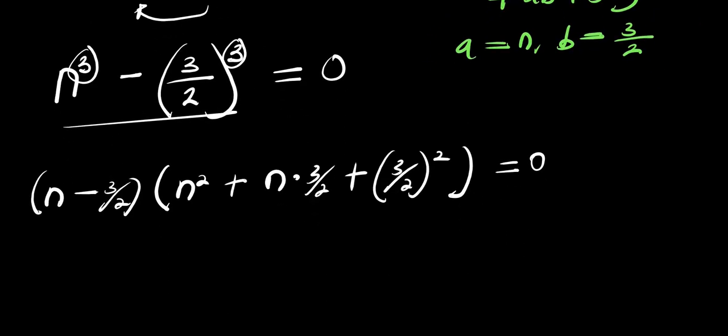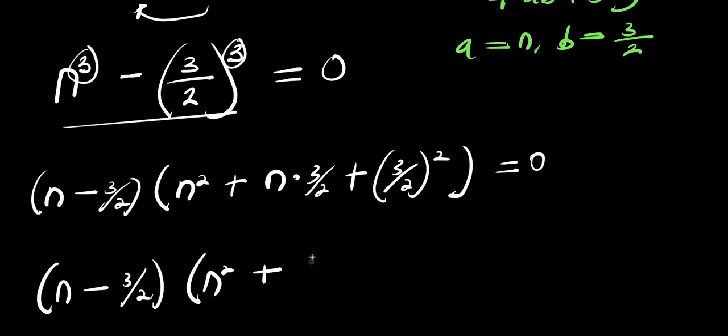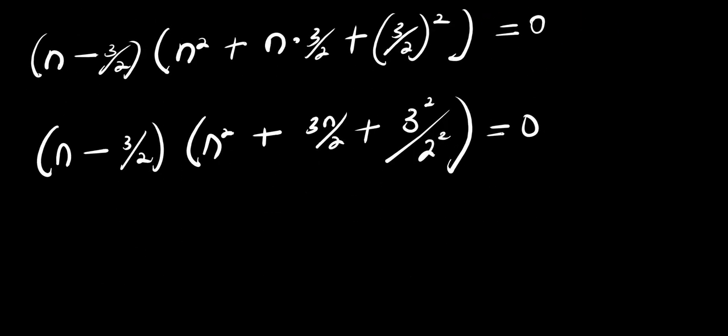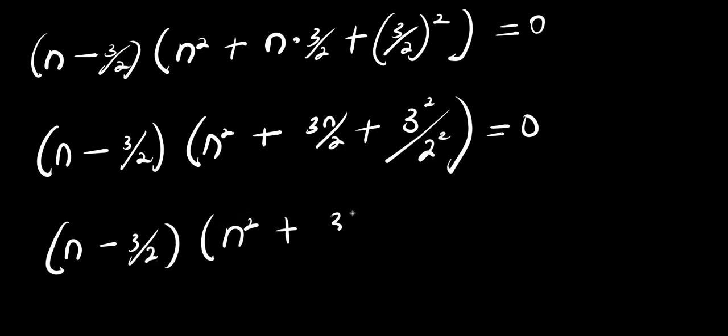So from here, we have n minus 3 over 2 times n squared plus n times 3, that's 3n over 2, plus this, we simply have 3 power 2 divided by 2 power 2, and this equals 0. So from here, I have n minus 3 over 2 times n squared plus 3n divided by 2 plus 3 power 2 is 9 divided by 2 power 2 is 4, and this equals 0.